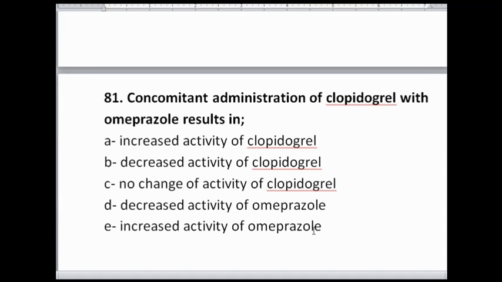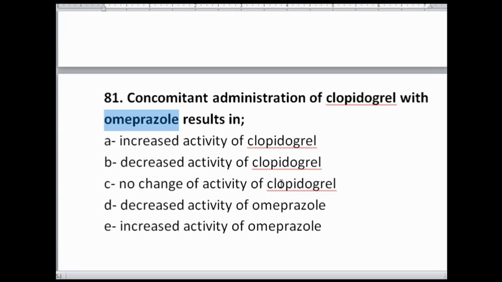So actually in this MCQ we are asked about the effect that will occur when we co-administer these two drugs, Clopidogrel and omeprazole. In the background we have to know this one fact, that omeprazole is a cytochrome P450 inducer. It will actually activate those enzymes.